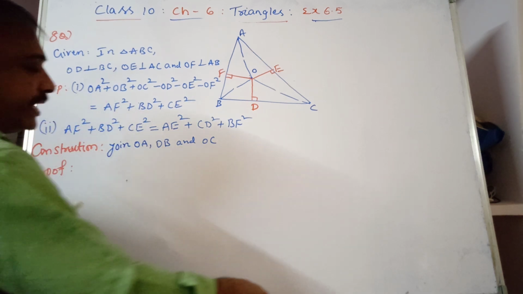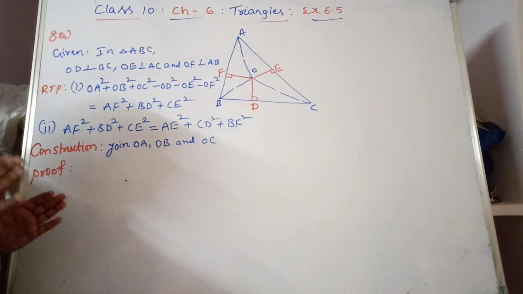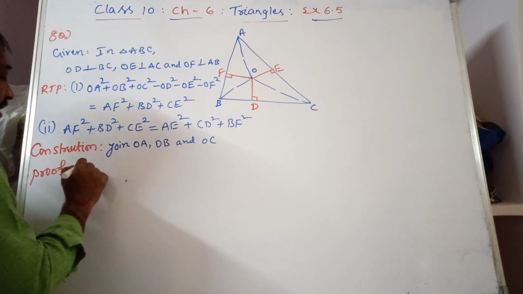So these are all by Pythagoras property. As these are all right triangles, we are using the Pythagoras theorem.